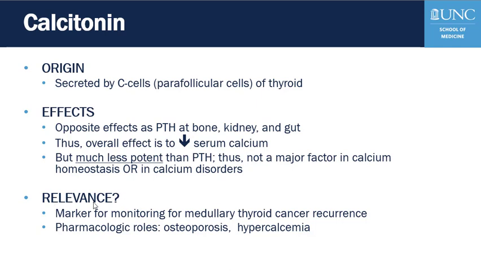So then what's its relevance? Well, remember that calcitonin is an important marker for monitoring patients with medullary thyroid cancer, specifically in monitoring them for recurrence. And calcitonin is also a drug that has roles in treating osteoporosis and hypercalcemia.